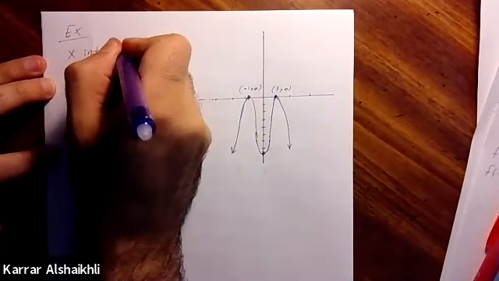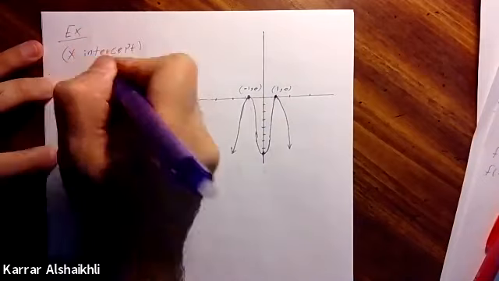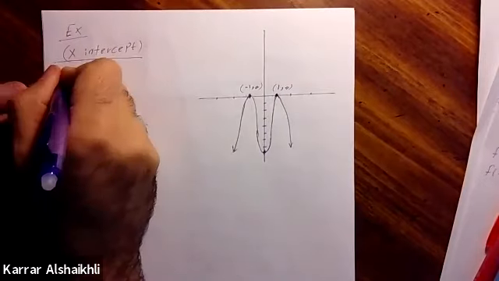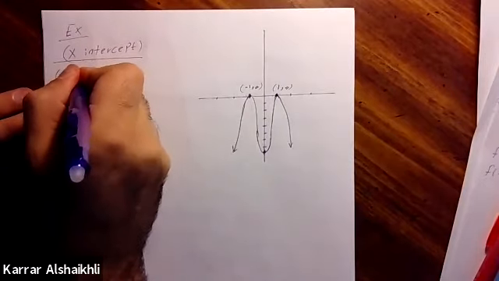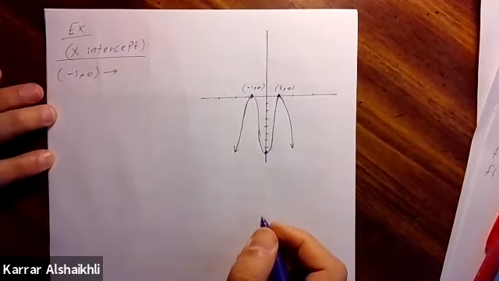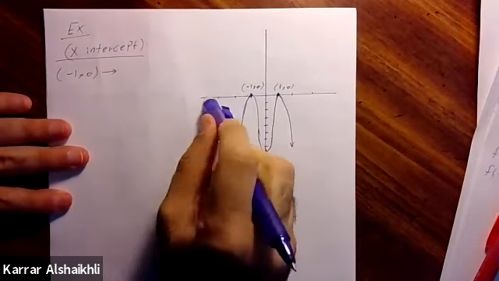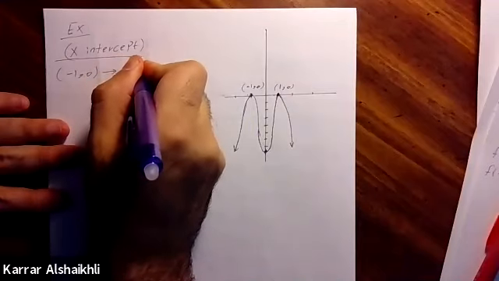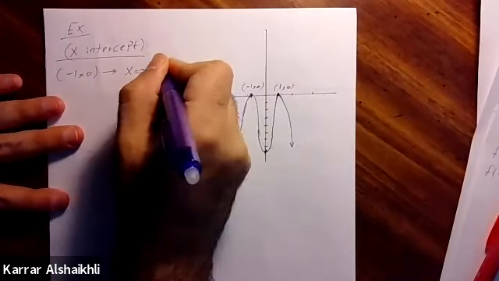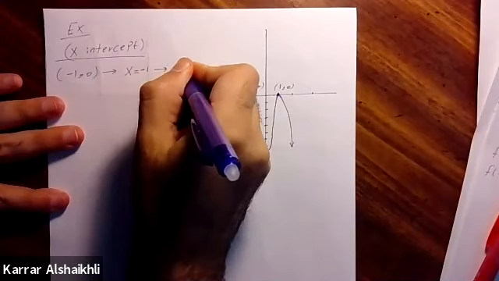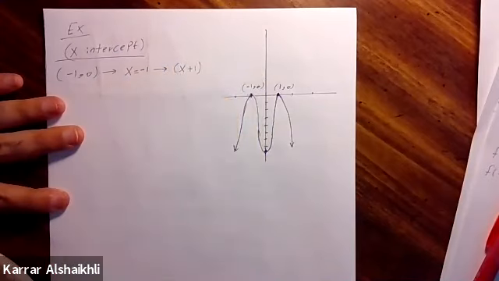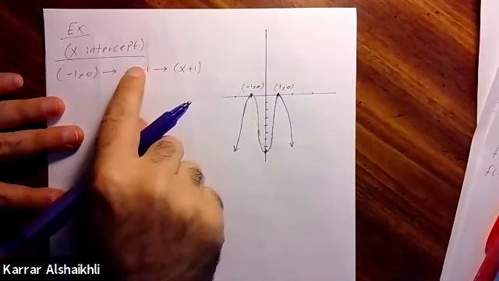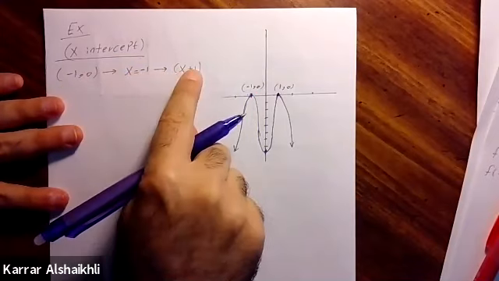The first one is (-1, 0). That means we're going to do exactly the same process. That means x equals -1, then I'm going to bring the -1 to the other side, so it's going to be x plus 1.